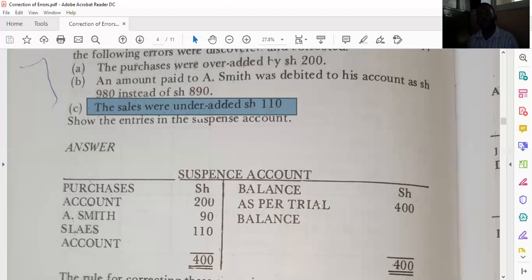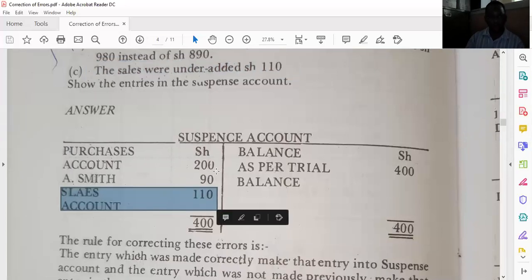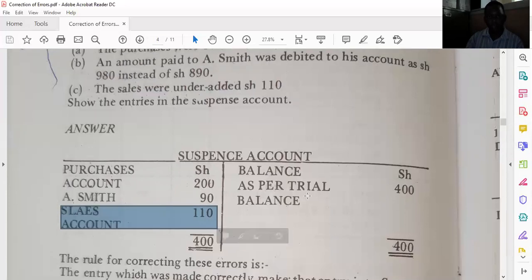To correct for this, we need to add the under-addition in the sales account, and we all know that to add in the sales account, we're supposed to credit. So you're supposed to credit the sales account by 110 shillings. And then to fulfill the rules of double entry, we debit the suspense account by 110 shillings, as you can see there. Those are the only errors that we had.